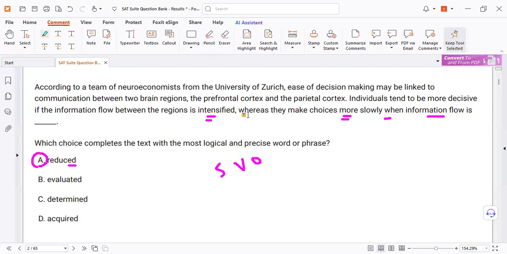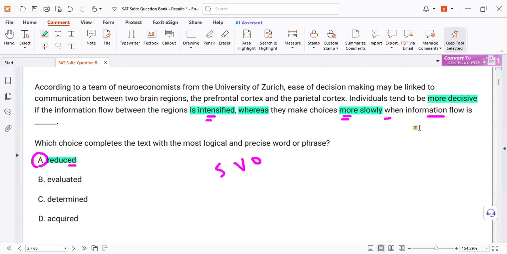Use the techniques as I told you: whereas, contrast. Imagine, more decisive with intensified, more slowly when it's reduced. So opposite.